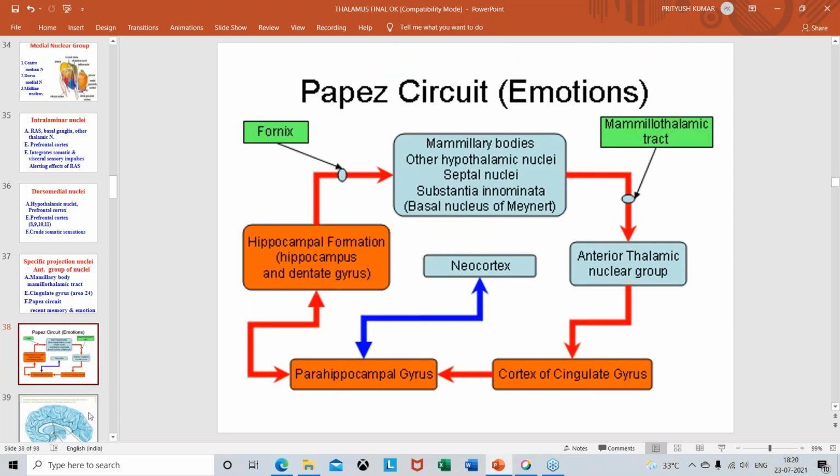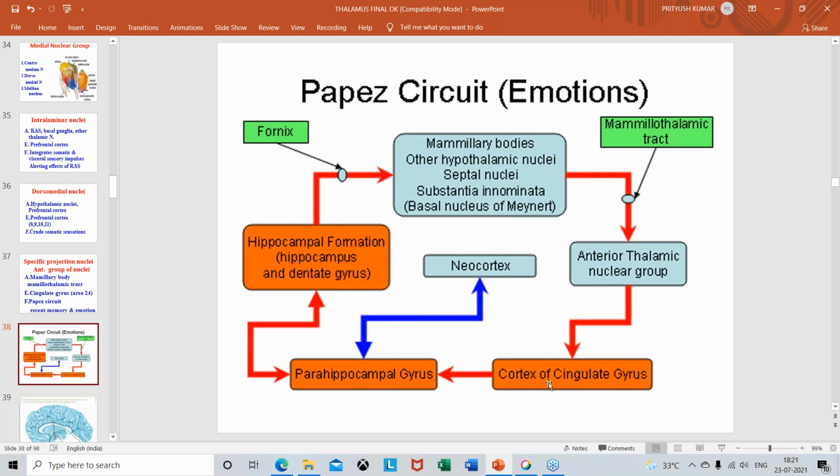So what is the Papez circuit? There is a circuit. If we start from the hippocampus, there is the hippocampus and dentate gyrus, the hippocampal formation. There's a fornix. The information comes to the mammillary body, hypothalamic nuclei, and then goes to the thalamus, anterior thalamic nuclei, and this tract is known as the mammillothalamic tract.